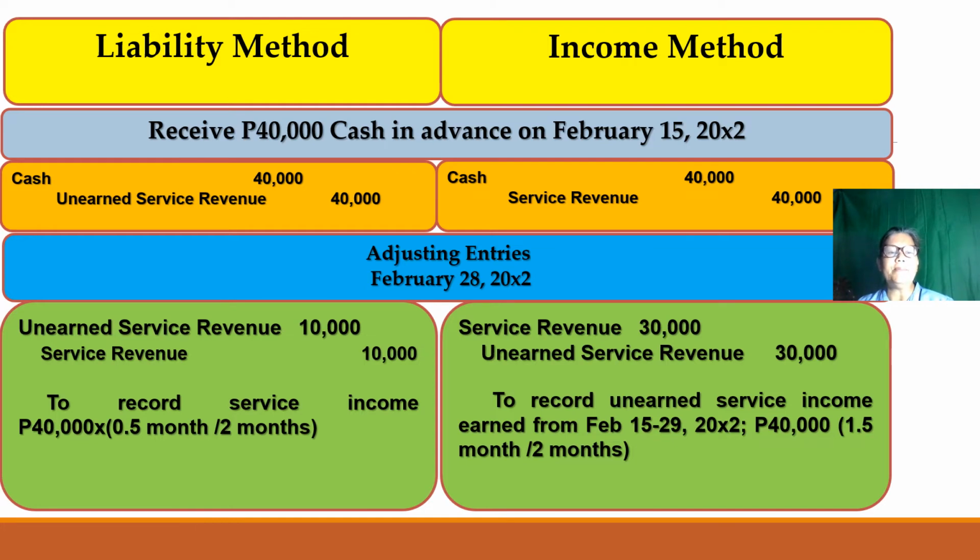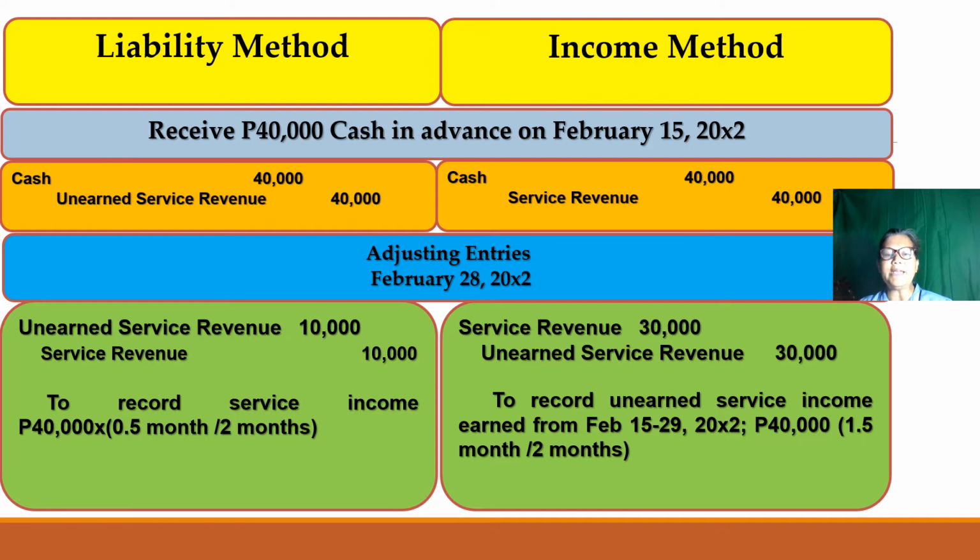Under the liability method, to record the initial transaction wherein the company received 40,000 cash in advance on February 15, 20x2: debit cash 40,000, credit unearned service revenue 40,000.